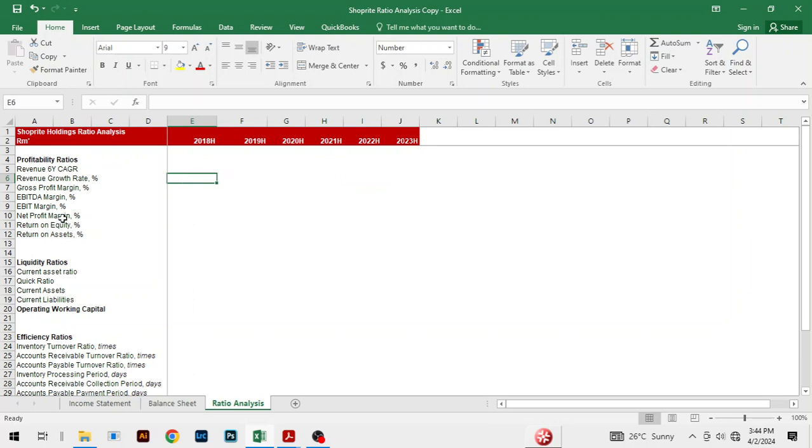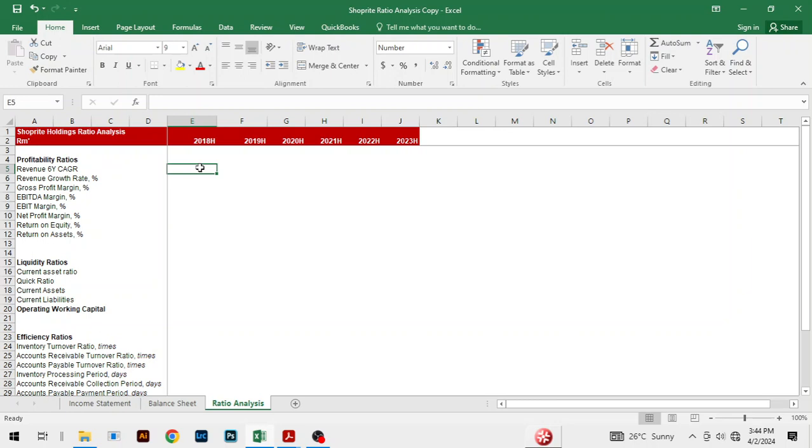So here, first of all, we want to start by computing profitability ratios. The reason for a profit-oriented business is to make profit. So that's why we have to assess the profitability of the business.